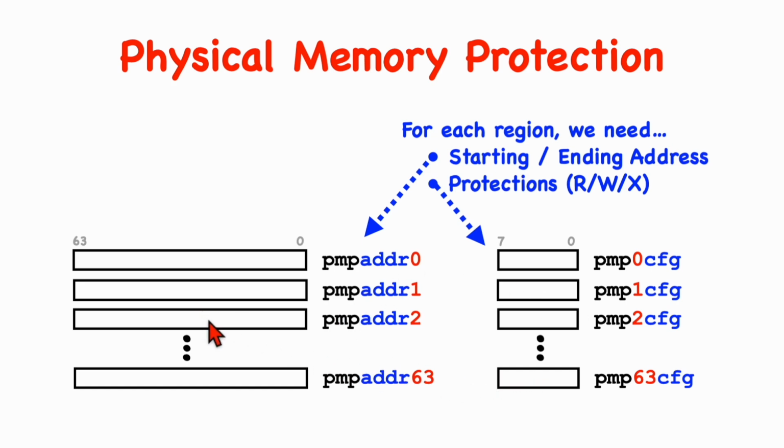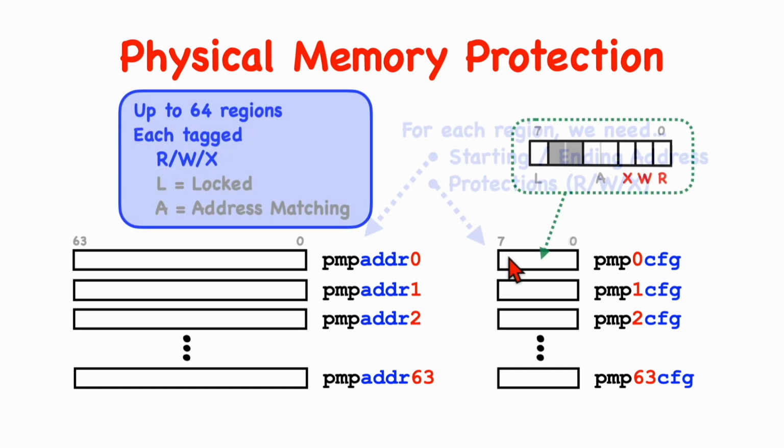Each region will be handled with one physical memory protection address register and one physical memory protection configuration register. The configuration register is only 8 bits, and it has bits for read, write, and execute. There is also a locked bit and an address matching field, but let's ignore those until later.